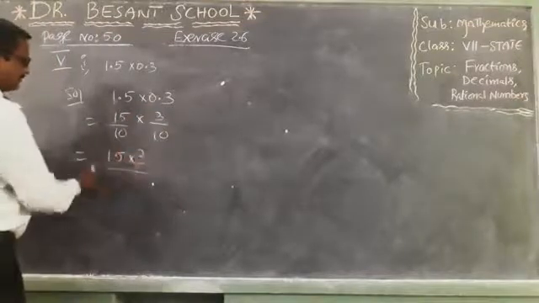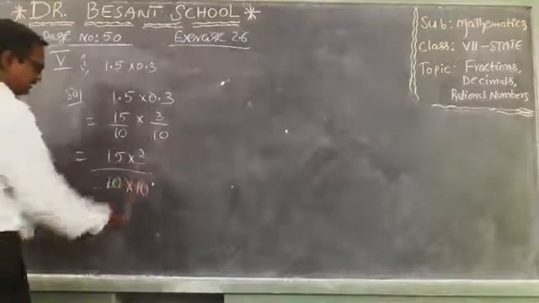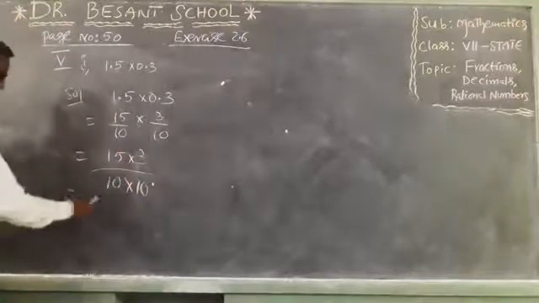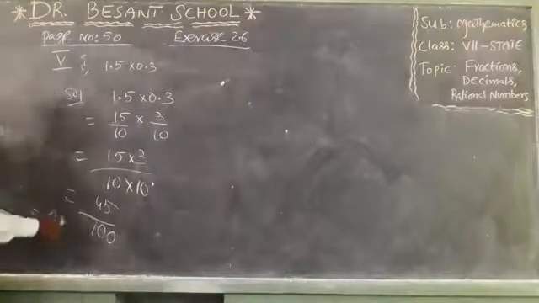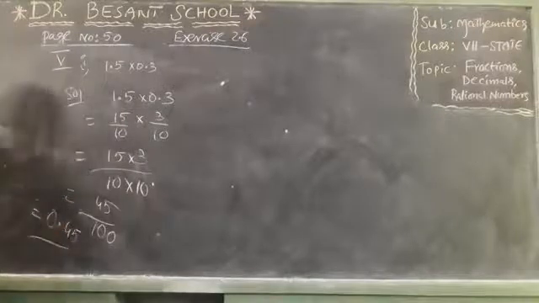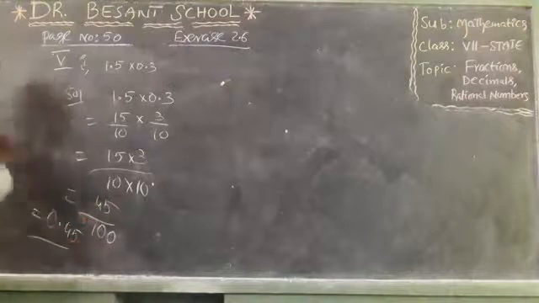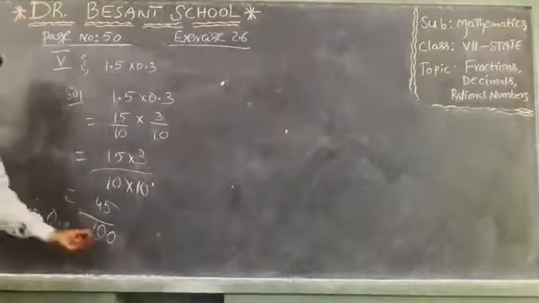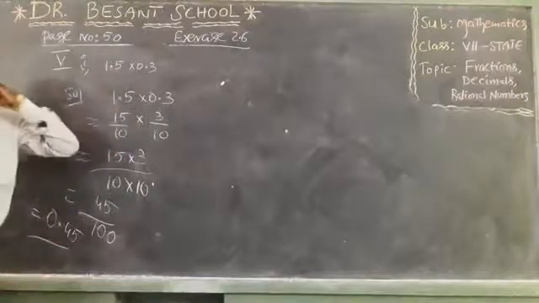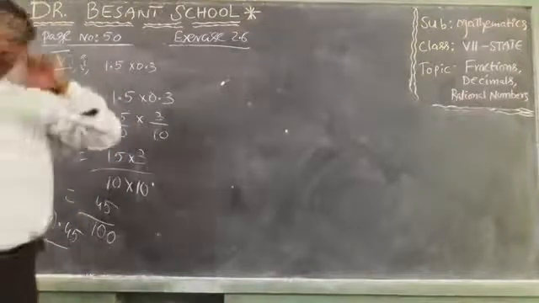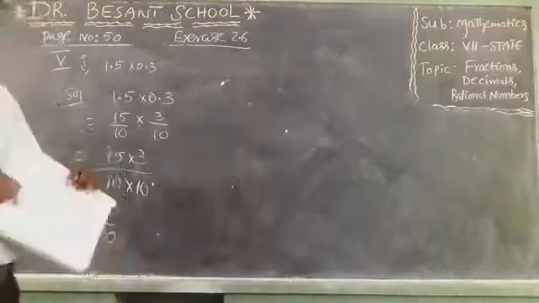The numerators are 15 into 3. The denominators are 10 into 10. 15 3s are 45 by 10 tens are 100. 45 by 100 is nothing but 0.45. In 100, 2 zeros are there. Point after 2 digits we will get. This is the actual procedure. But normally we can do the multiplication. But you are not supposed to do the normal multiplication. I told you already.